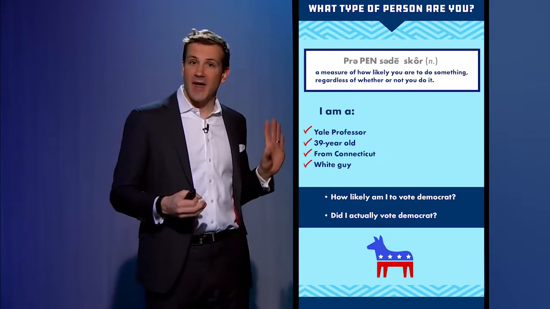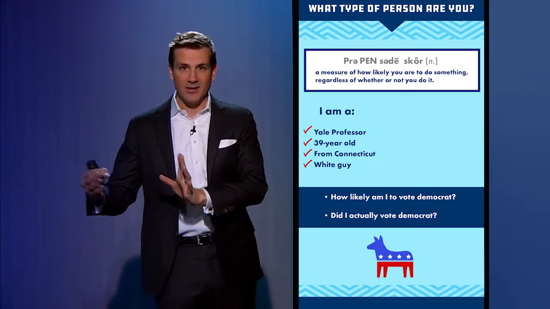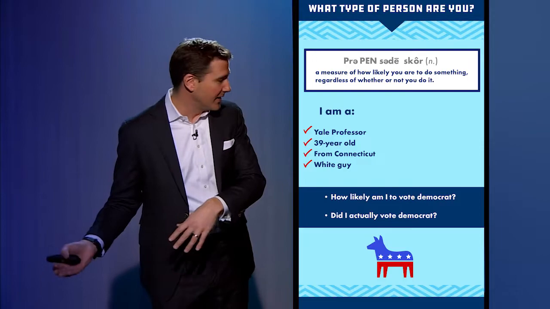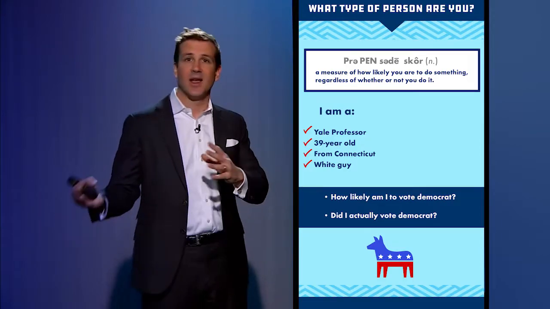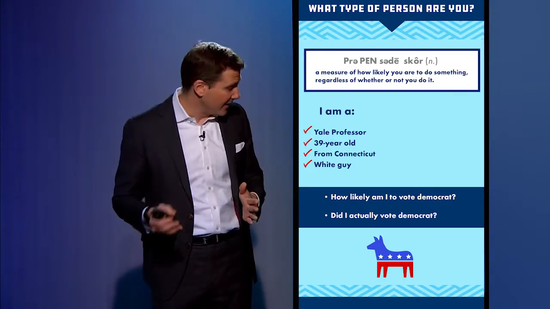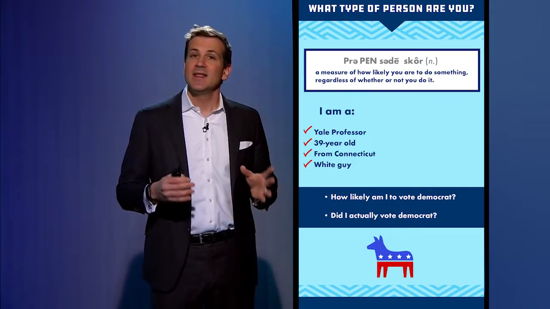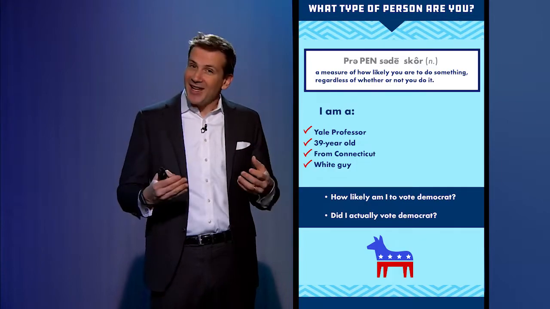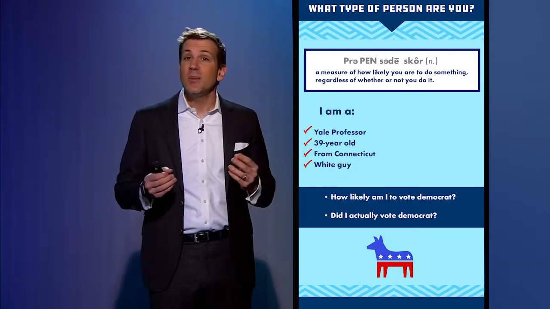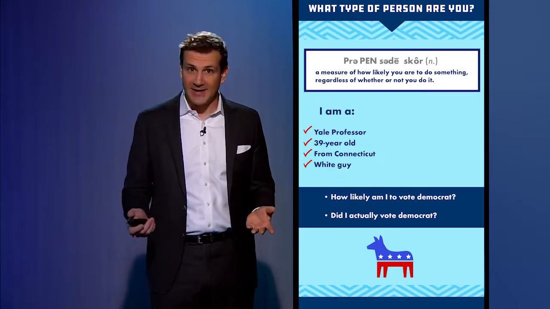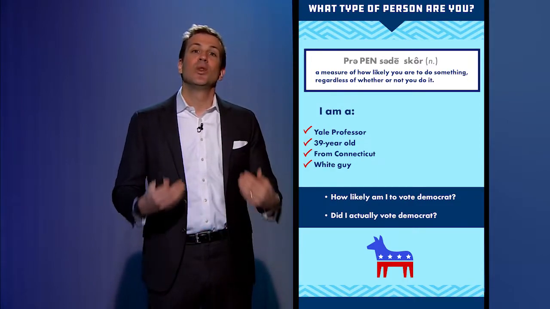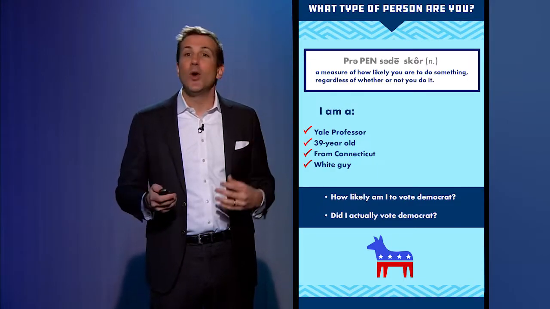And some of these factors might lean the model more towards the Democrat side, like the fact that I'm a Yale professor, and then some might push more to the Republican side, like the fact that white guys tend to vote more Republican than otherwise. It doesn't tell you what I actually did and how I actually voted, but you could have a reasonable guess. That's a propensity score regarding my voting probability.